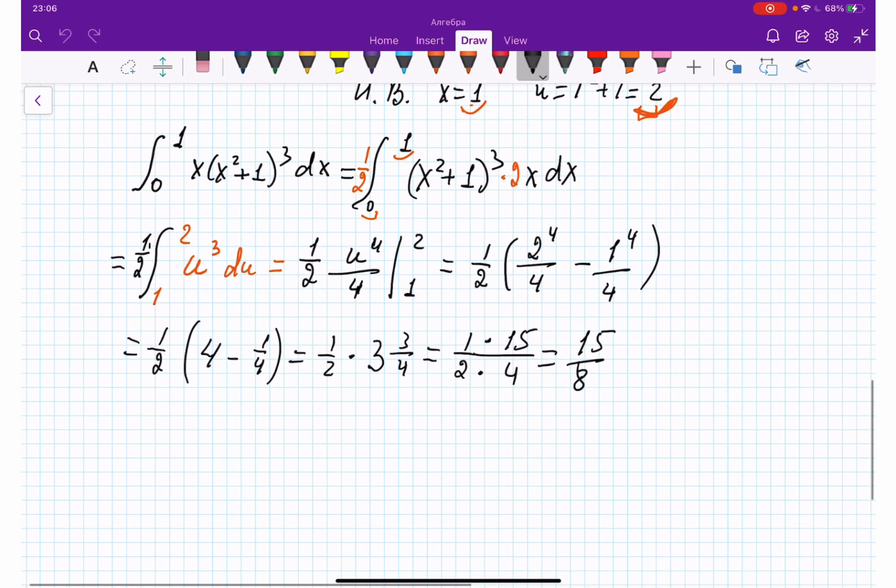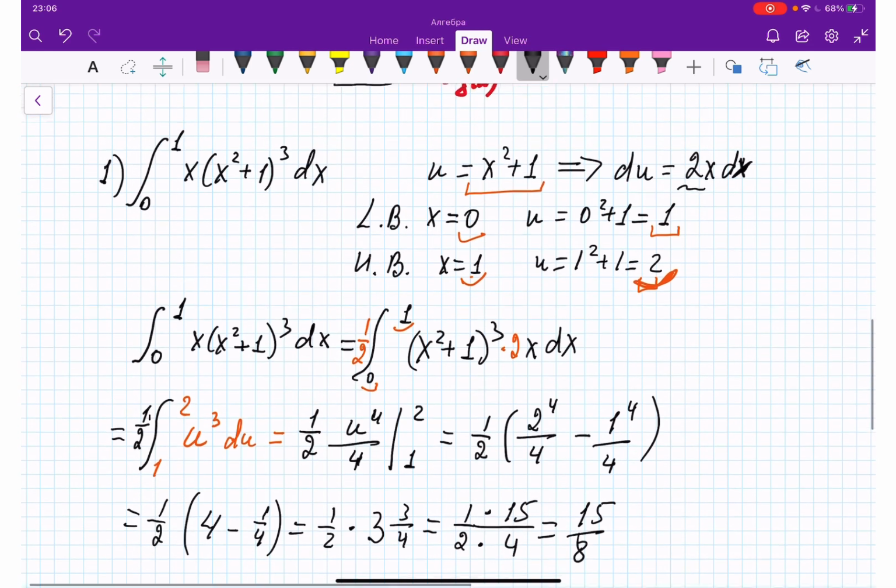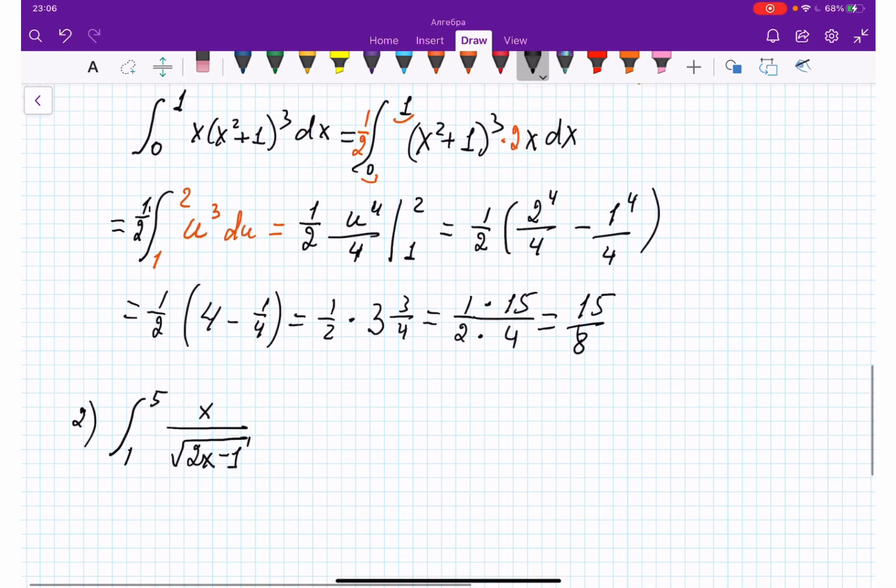Next problem. Evaluate the definite integral by changing variable. We have the integral from 1 to 5 of x over the square root of 2x minus 1 dx.